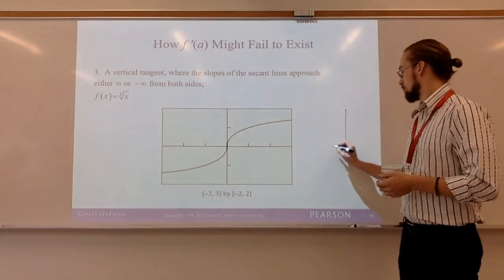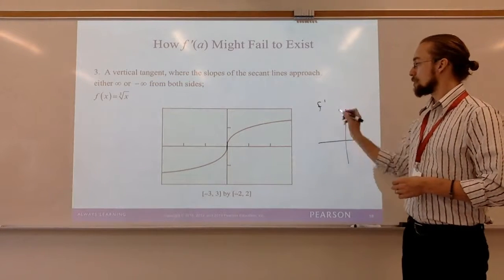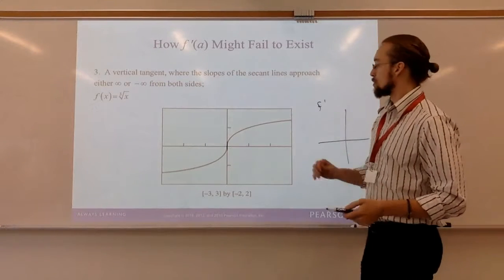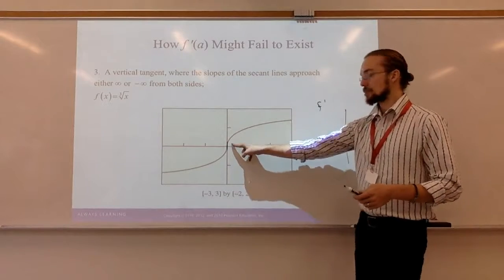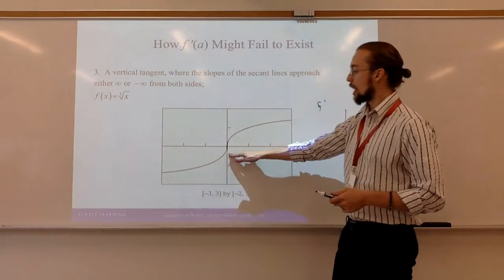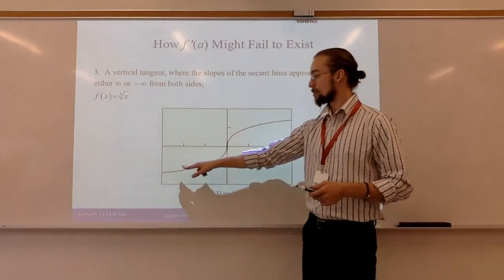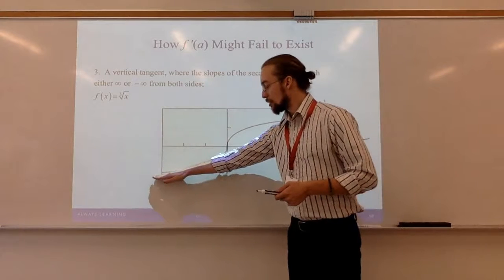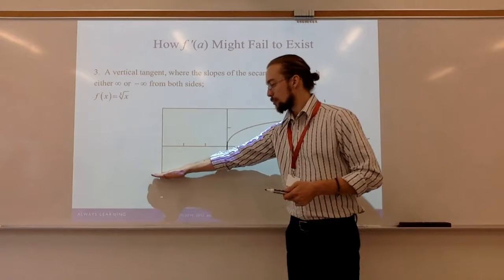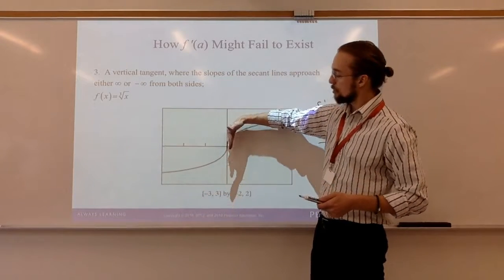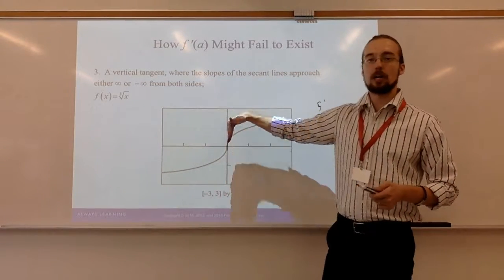Alright, so if we wanted to sketch the derivative of something like this, that might help us see why it doesn't exist there. The slope is always positive here, right? Everywhere the slope is positive. I never have a negative slope here. But here, my slope is pretty shallow, pretty close to 0, and then it gets steeper and steeper until it's actually going straight up.